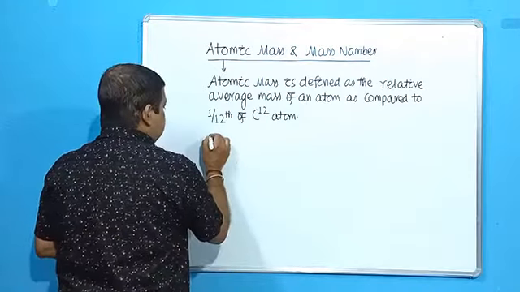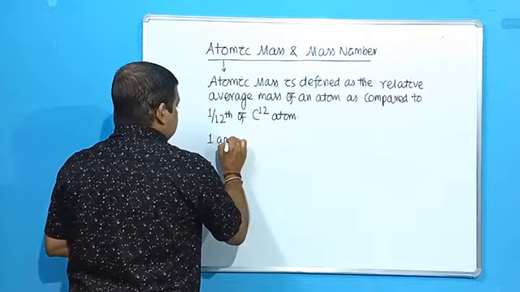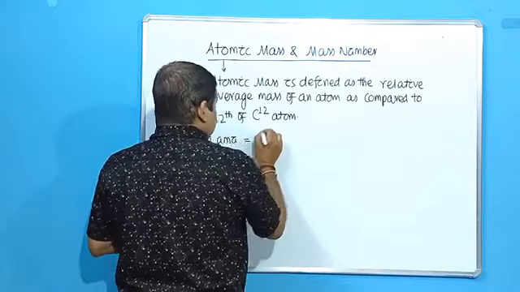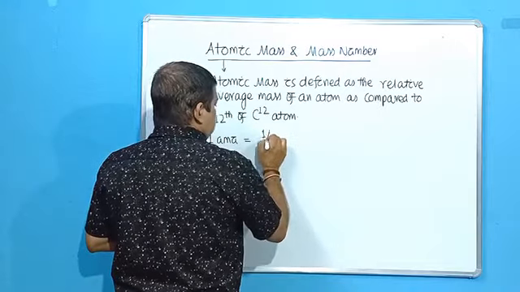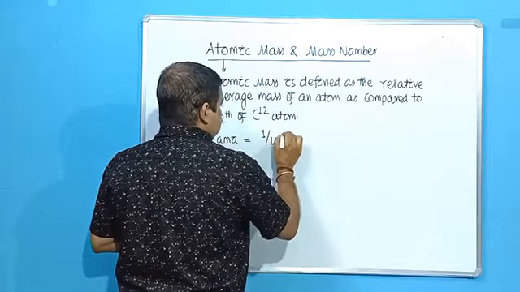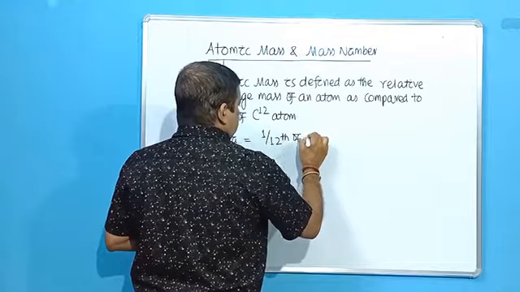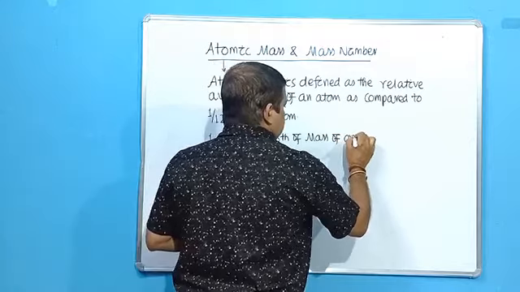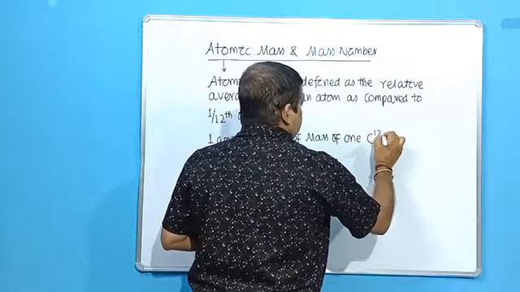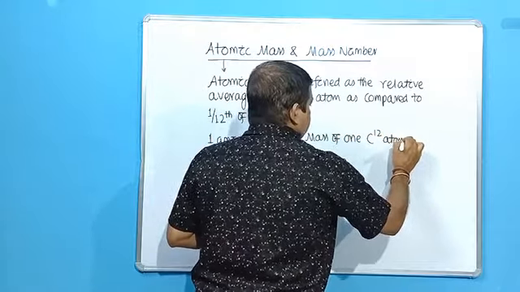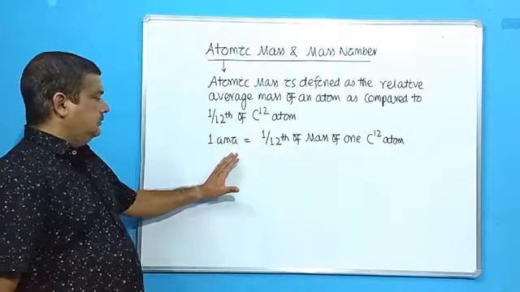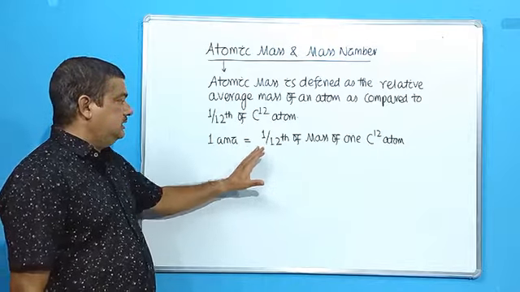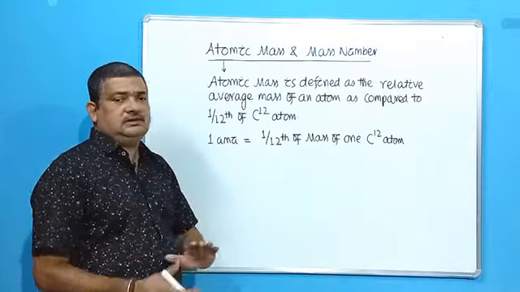So what is one atomic mass unit? One atomic mass unit, AMU as it is shortly called, is 1/12 of the mass of one C12 atom.